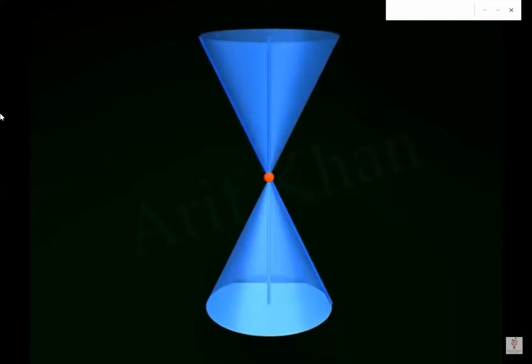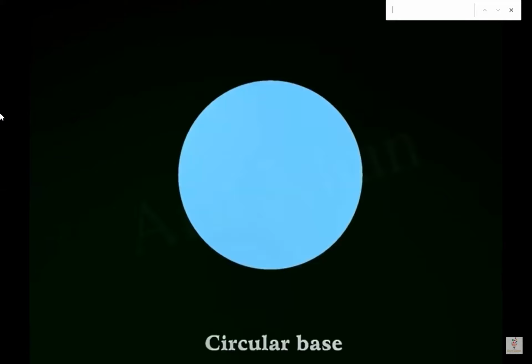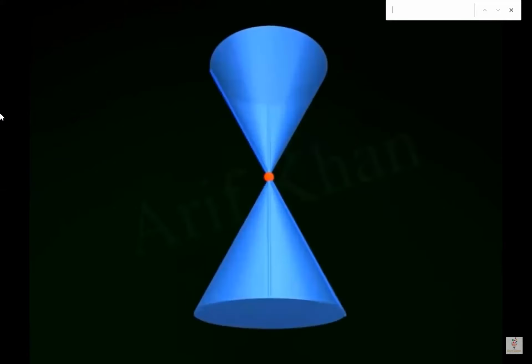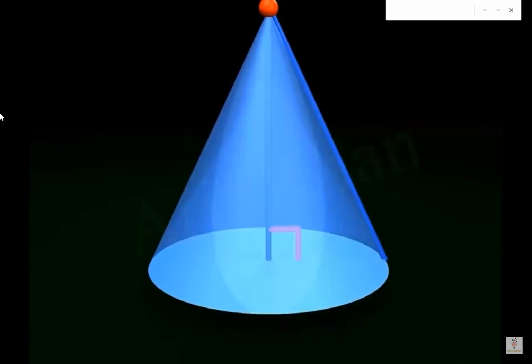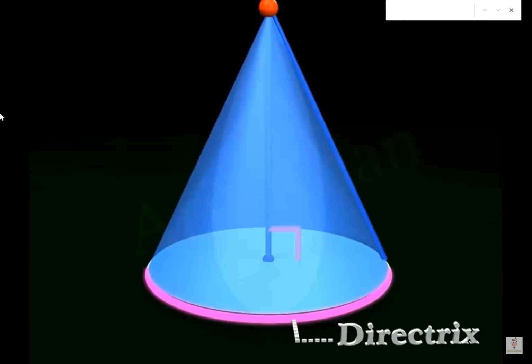A right circular cone has a circular base, and its axis is always perpendicular line from the center of the base to the vertex. The perimeter of the base is called the directrix. The lateral surface of a right circular cone is called a nap.